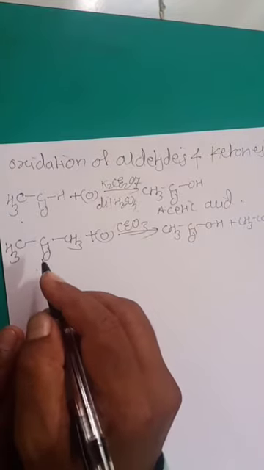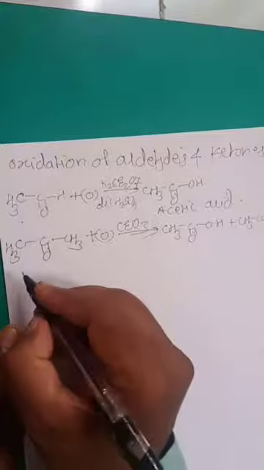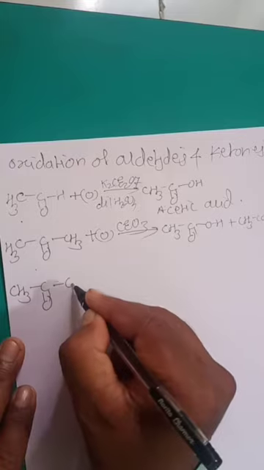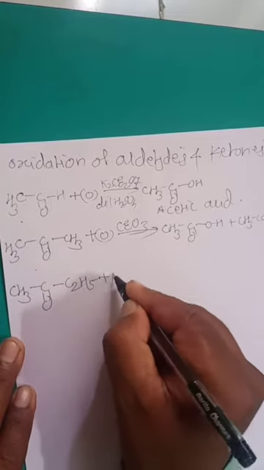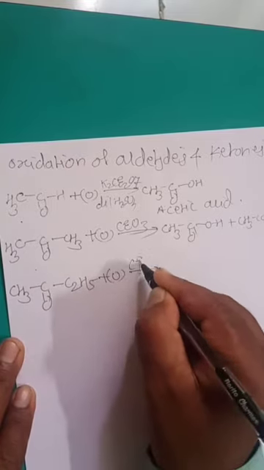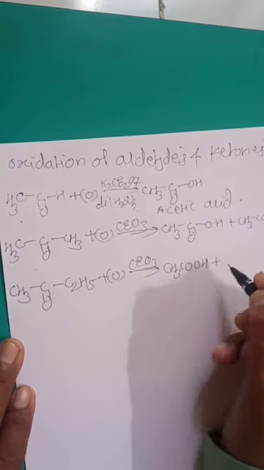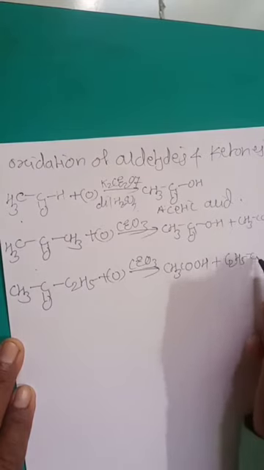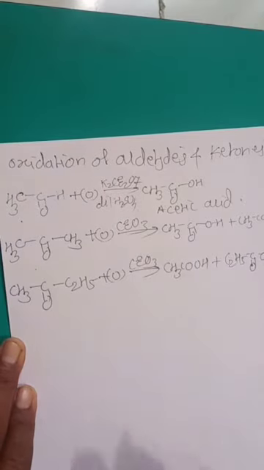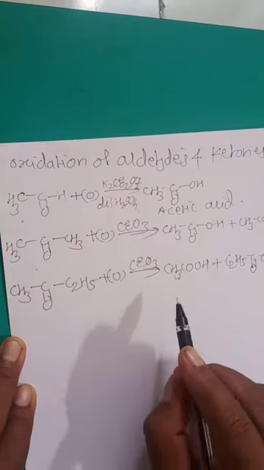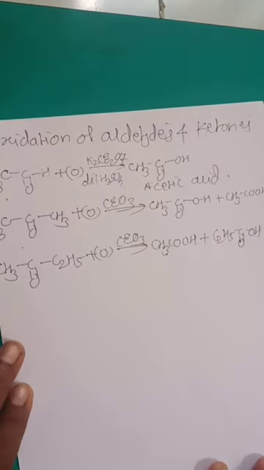Then we can consider another example, CH3COC2H5. When it undergoes oxidation by using CrO3, then it gives CH3COOH plus C2H5COOH. So we get a mixture of two carboxylic acids. So this is about oxidation of aldehyde and ketone.